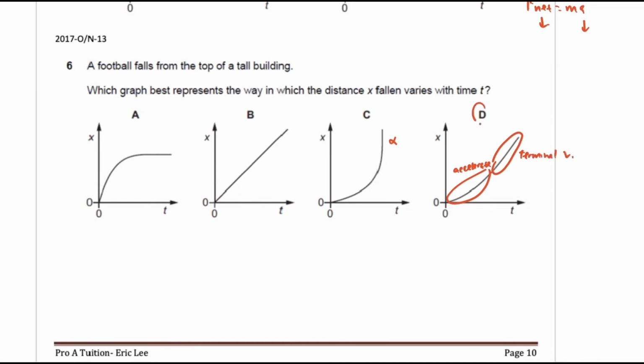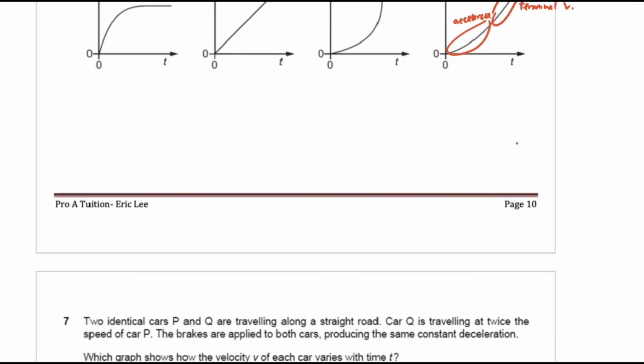So it should be D. Accelerate but the acceleration decreases, then... no, not gradient, okay? It's a curve followed by a straight line. Gradient is for the velocity-time graph. Okay, so we have settled that.